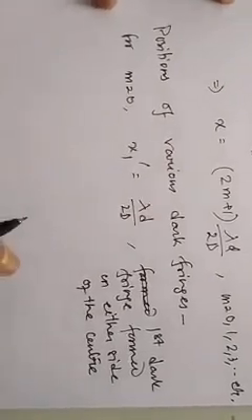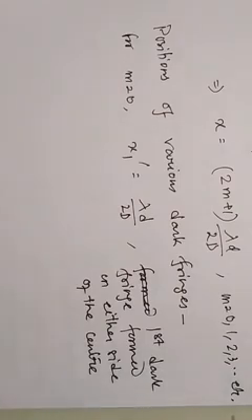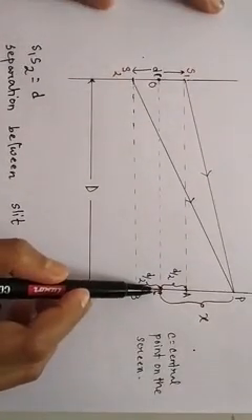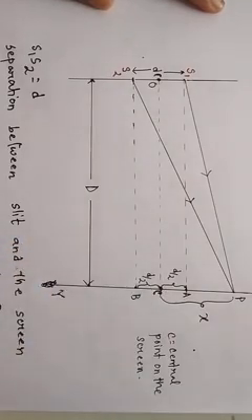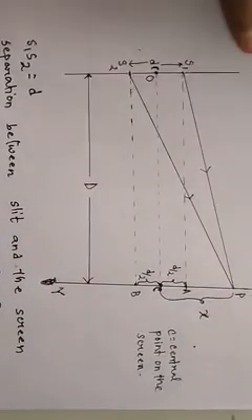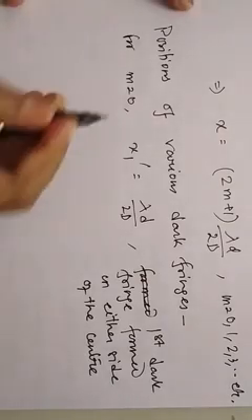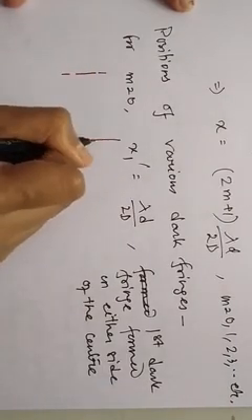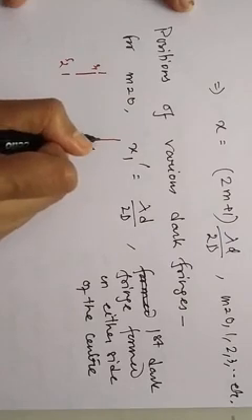Okay, then if we look at the center of the screen, here a bright fringe is formed. Then on either side at a distance of x1 prime and x1 prime, a dark fringe is formed. Okay, so it will be like this. So this is the setup, S1, S2, this is the center.